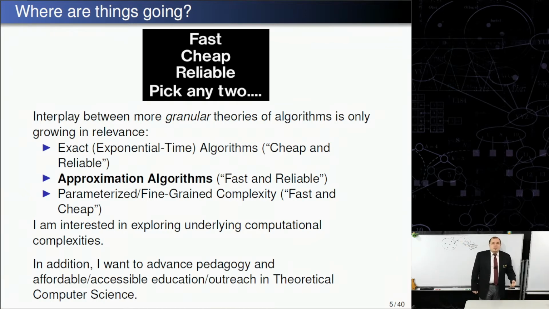For example, I remember reading some papers from Daniel Marx, and I can't remember the exact quote off the top of my head, but he would say that if you take approximation algorithms and parameterized complexity together, you can figure out and discover new things that you would otherwise not be able to with each field separately.